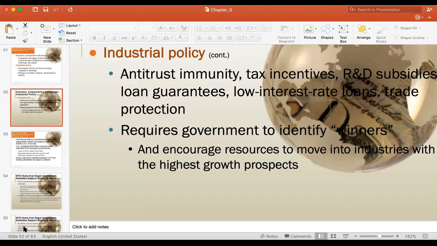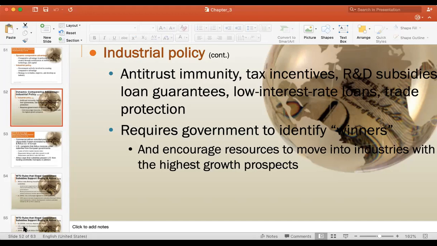Now, what do we mean by that? We simply mean industries that have high growth potentials. In other words, it does not make any sense to spend money on something that is not worth spending on, throwing good money after bad money, so to speak. And you don't want to do that.